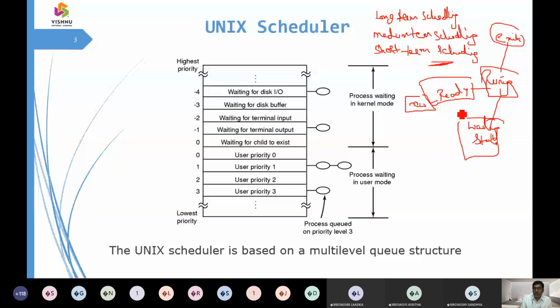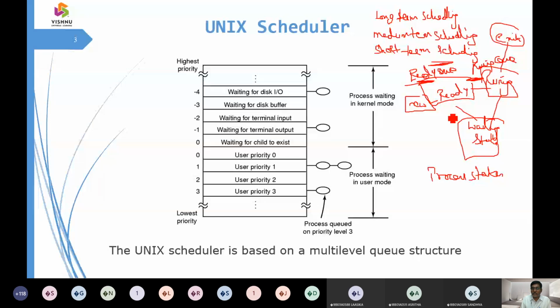Now, the long-term scheduling is going to act at the ready queue. Next, we are going to have the short-term scheduling. The short-term scheduling is going to act as the running queue here.